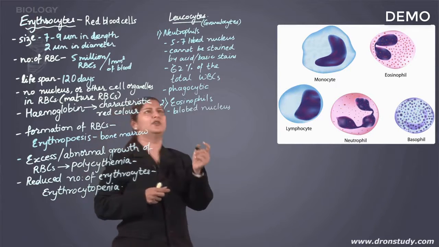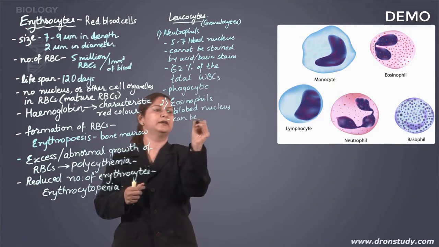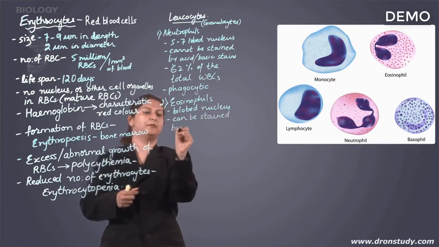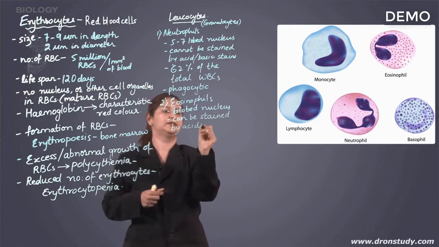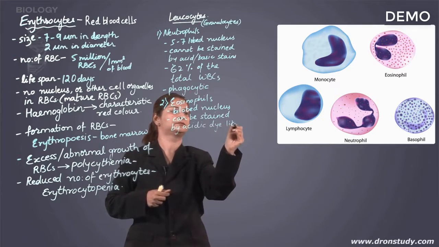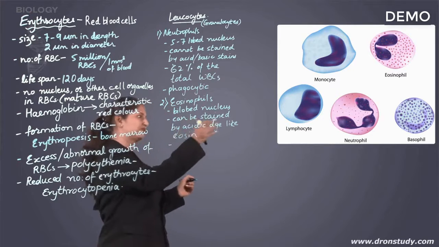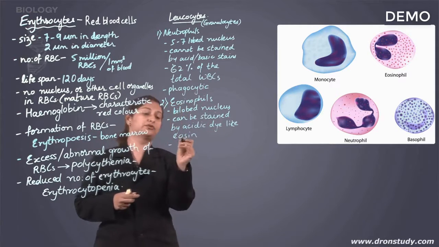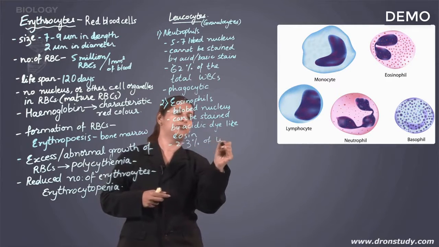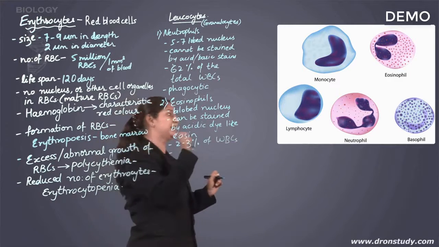Then they can be stained by acidic dye like eosin. Then the next point, they are almost forming about 2 to 3% of the total WBCs, correct? And what is their role?